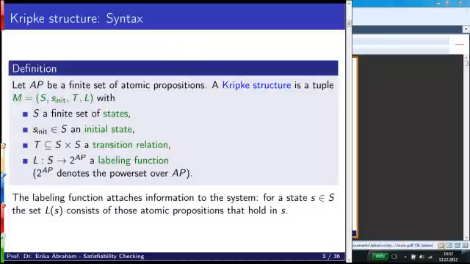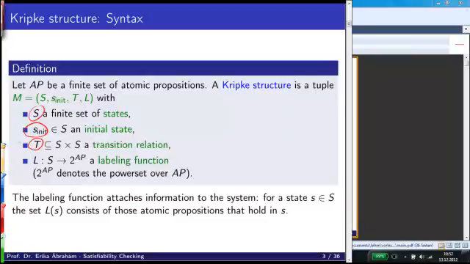So these are Kripke structures. Formally, a Kripke structure is just a tuple, a finite set of states. This can also be extended to infinite ones, but we cannot handle infinite ones by bounded model checking. Then we have an initial state. We have a unique one. You can also have non-deterministic systems in that you have several possible initial states. We have a transition relation.